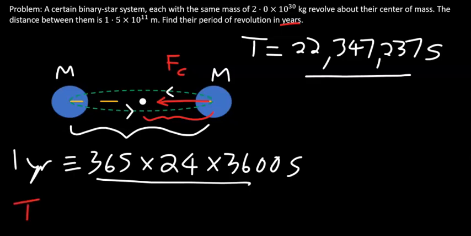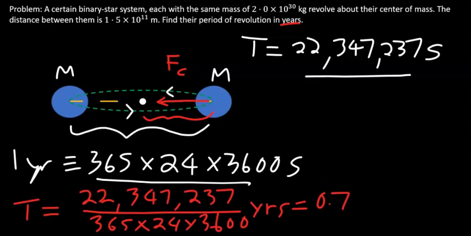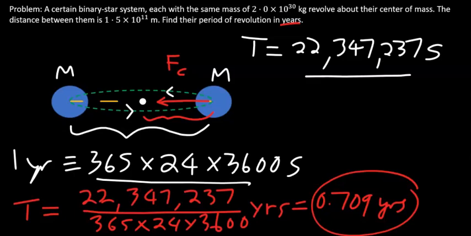So that means T in years is 22,347,237 divided by 365 times 24 times 3,600 years. And that will be 0.709 years. And that solves the problem.